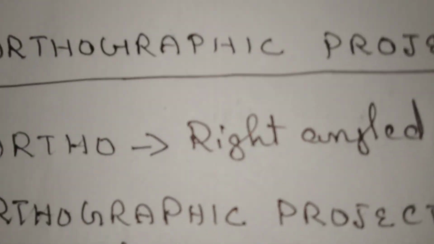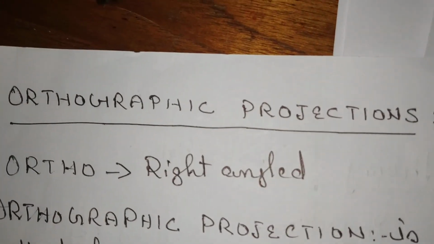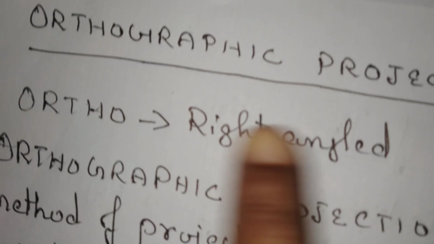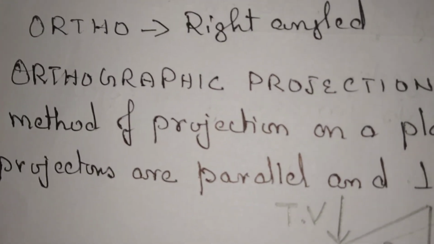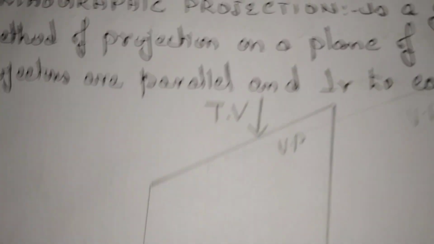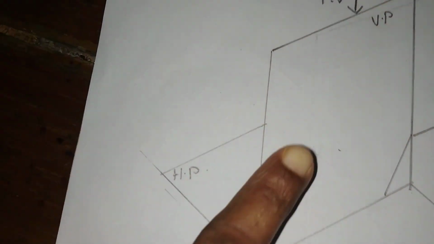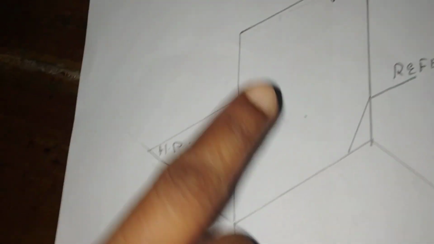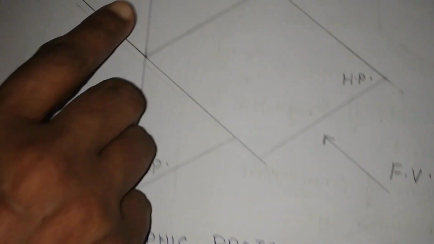Now, the next topic is what you mean by an orthographic projection. Ortho means right angled. What is orthographic projection? That is projecting the image of an object in two mutually perpendicular planes, VP and one more perpendicular plane HP.